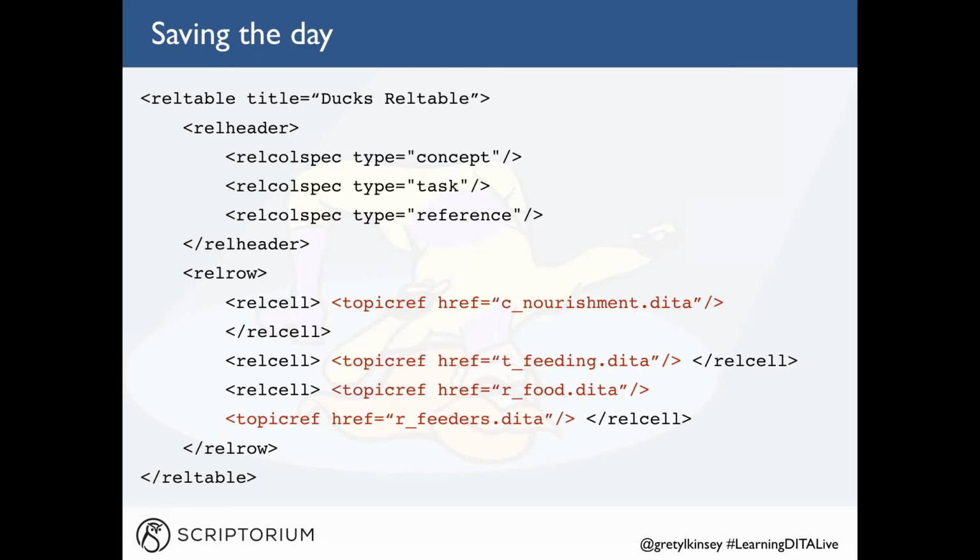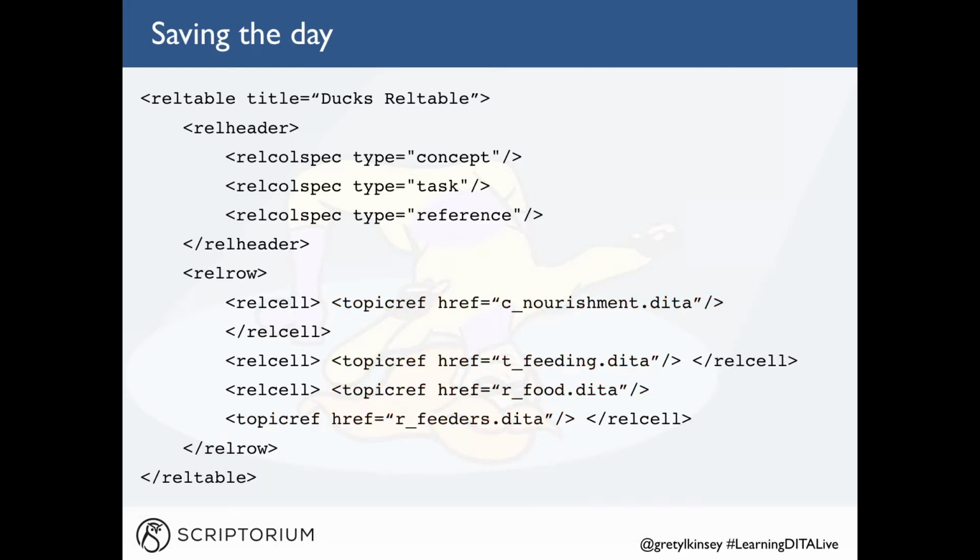In this example, we can see that the first relcell element has a topicref to a concept topic that's called c_nourishment.dita. Then the second relcell element has a topicref to a task, and that's called t_feeding.dita. And finally, the third relcell element actually has 2 topicrefs to different reference topics. So there's one for r_food.dita and one for r_feeders.dita.